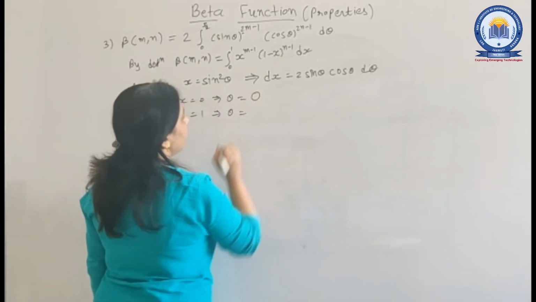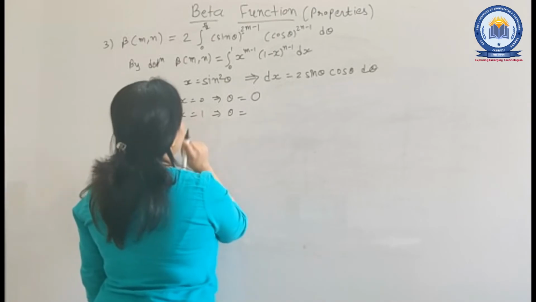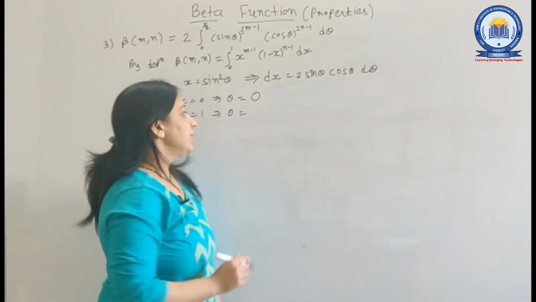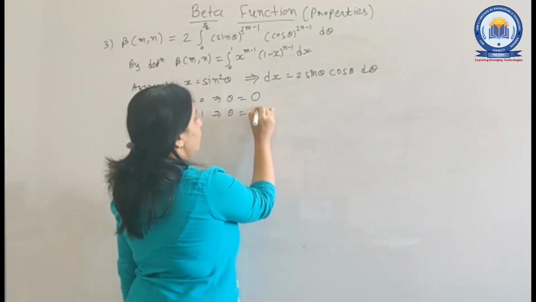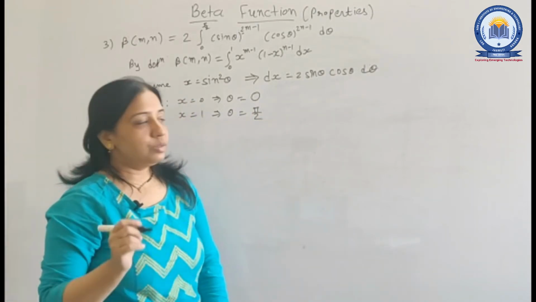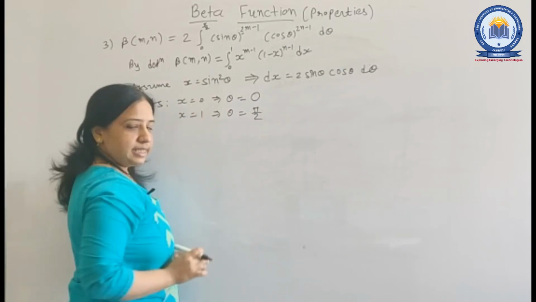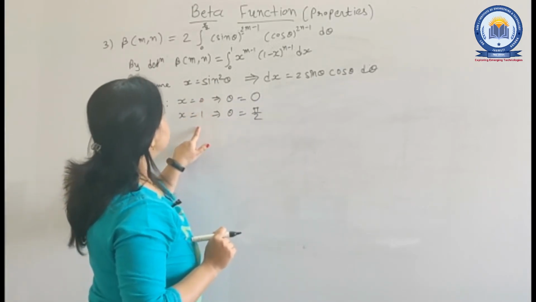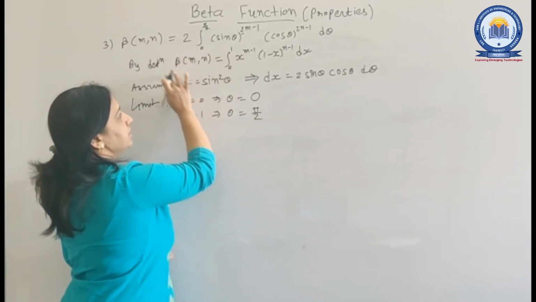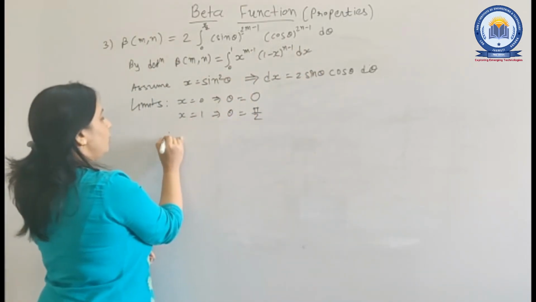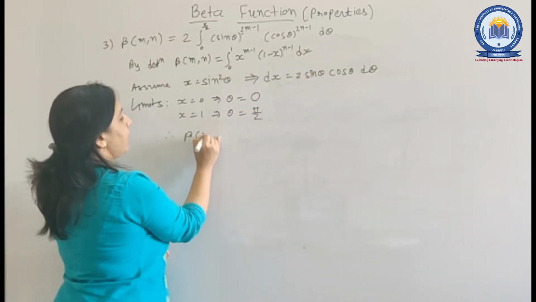So you will get 0. When x equal to 1, at that time you will get theta equal to pi by 2. Now x equal to sin square theta and the limits, just put into this basic equation.